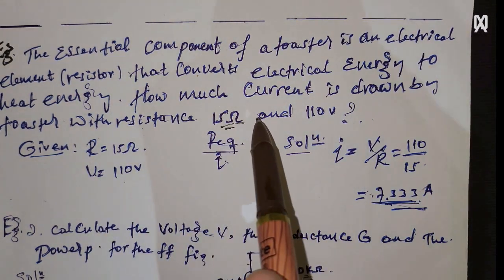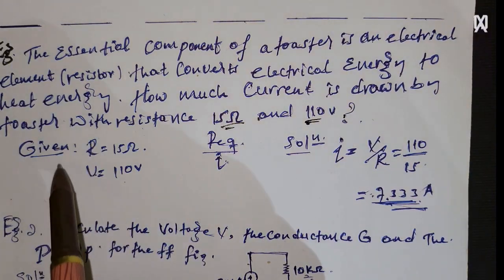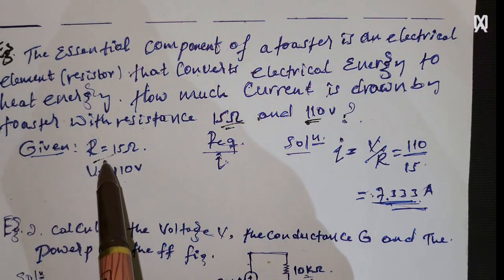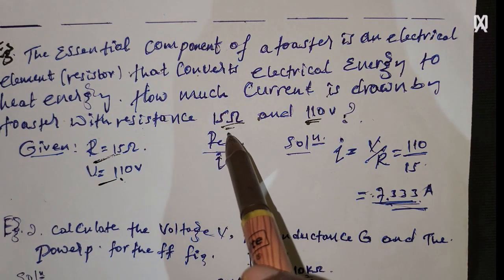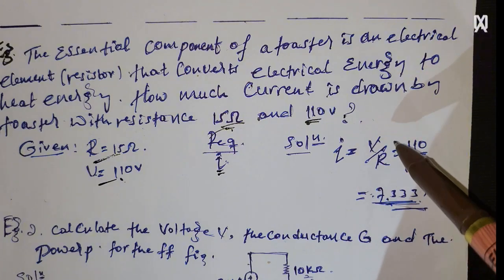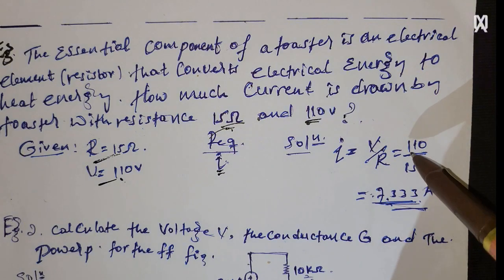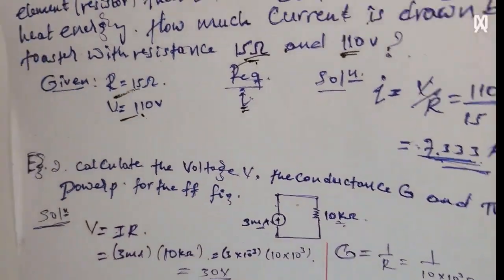We are given 15 ohm and 110 volt. Our givens are the resistance and the voltage, and the required is the current. Simply I is equal to V over R, which is 110 over 15. Very simple examples.